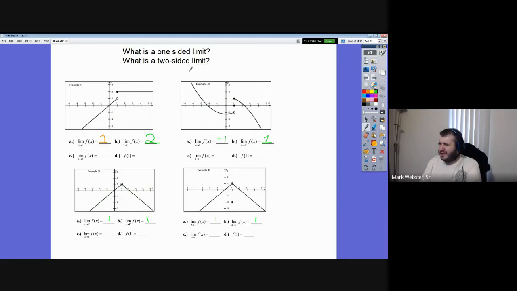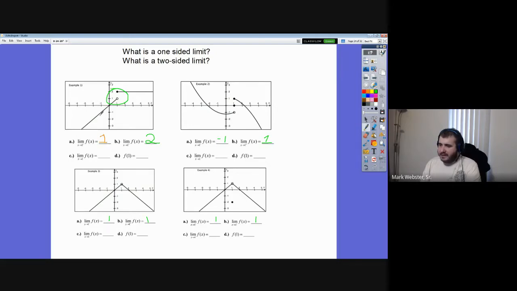For there to be a two-sided limit, the two one-sided limits have to agree. So look at example number 1. The left-hand limit and the right-hand limit, this one comes to 1, this one comes to 2. They don't match.